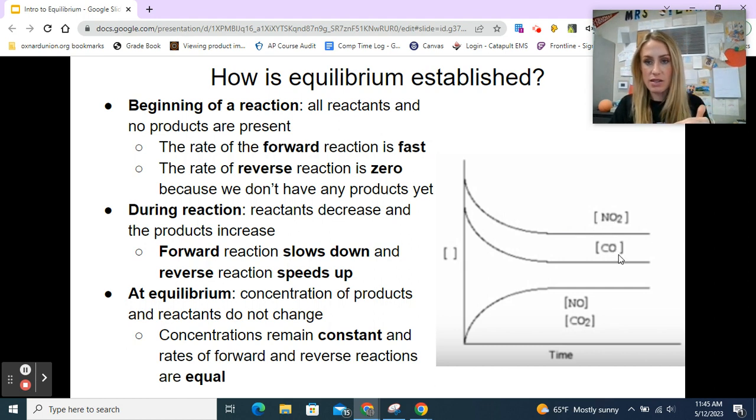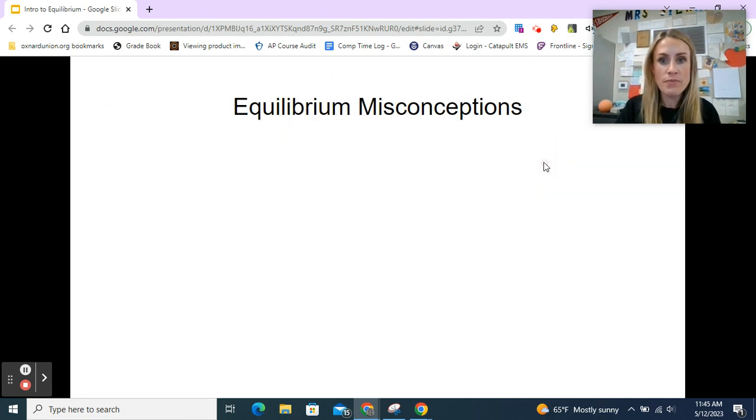The next lowest concentration is carbon monoxide, and then the lowest concentrations here are those of our nitrogen monoxide and carbon dioxide. So notice how these concentrations are different at equilibrium. However, they are all constant. So the concentrations of the individual species are not changing, but the concentrations of the individual species are not the same as all of the other ones. Okay, so that's very important.